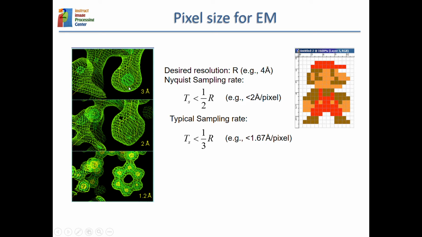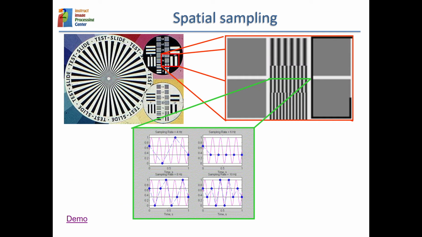So in this example here, all the fine details have been blurred by the optical device, or by your inability to align images correctly, or by whatever reason. But if you want to see this thing at this resolution, and you want to see it in the computer, you have to guarantee that you are sampling at a pixel size that allows you to recover the underlying signal, because of this sampling problem that we had here.